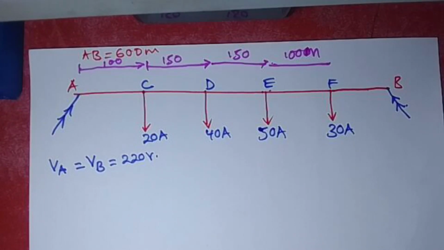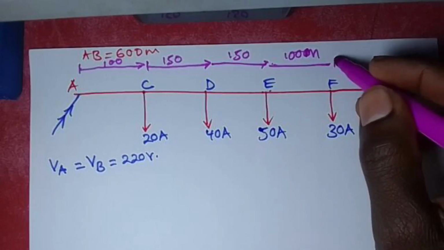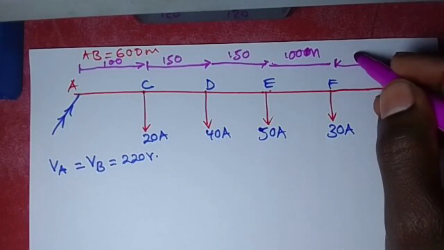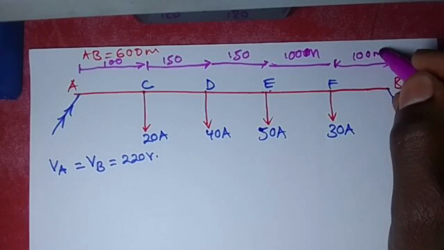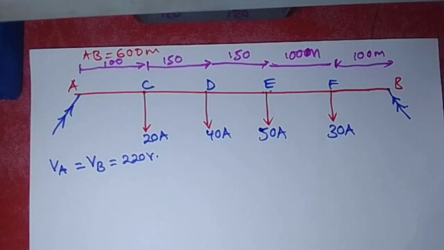So you just get 600 meters minus 500 meters to give us this remaining distance, which is also 100 meters. So there we have the respective distances between the loads along the line.